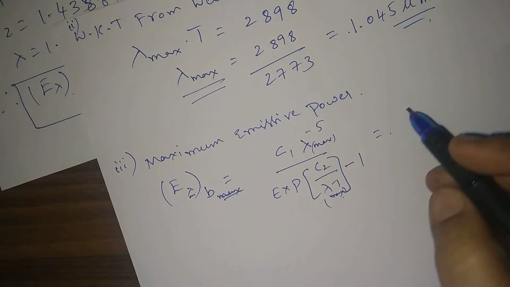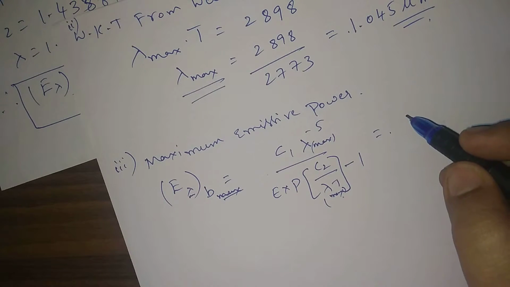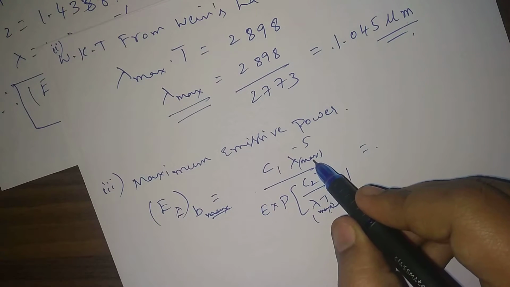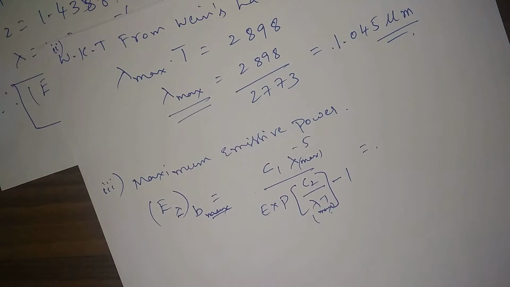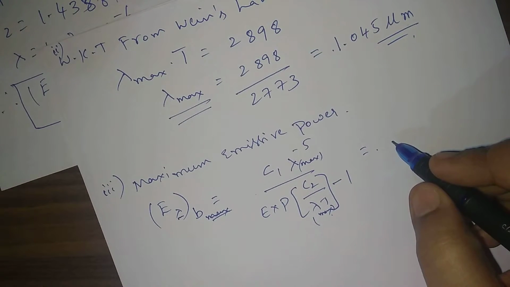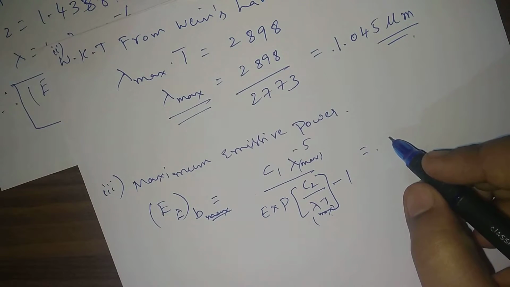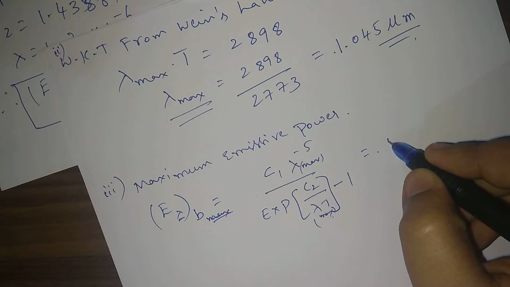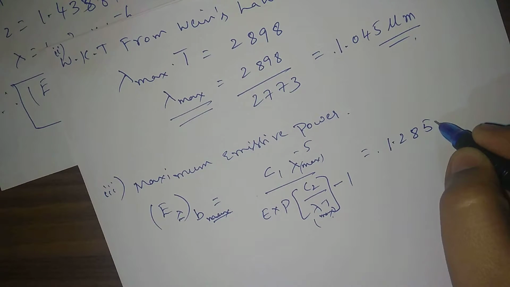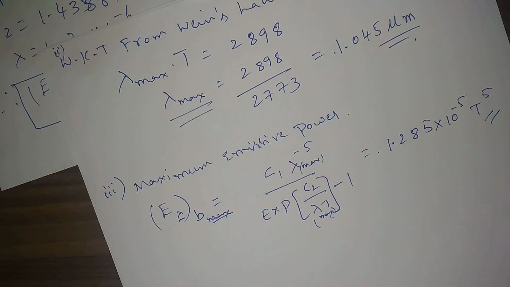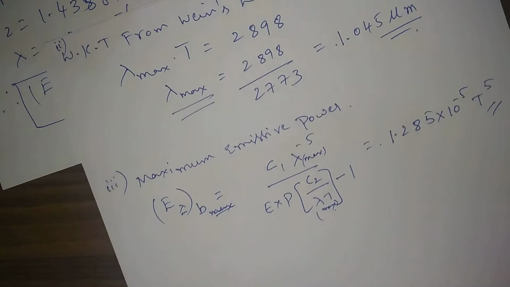If you simplify this during derivation itself, you can keep it as lambda max is equal to 2898 divided by T, correct? So if you put that here, the simplified equation for finding maximum emissive power is 1.285 into 10 to the power of minus 5 T to the power of 5. You can remember this, or directly put it here and get the answer.